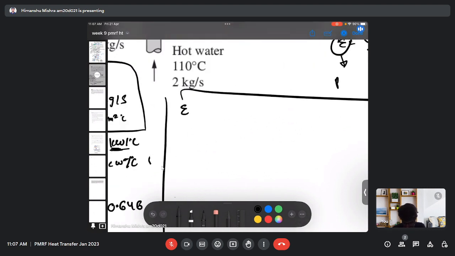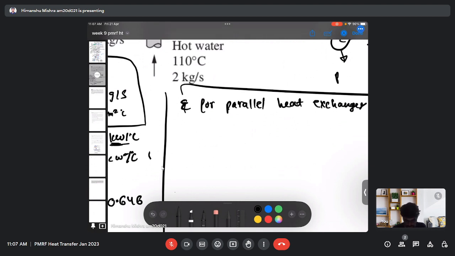So my effectiveness for a parallel heat exchanger will be given by this relation.